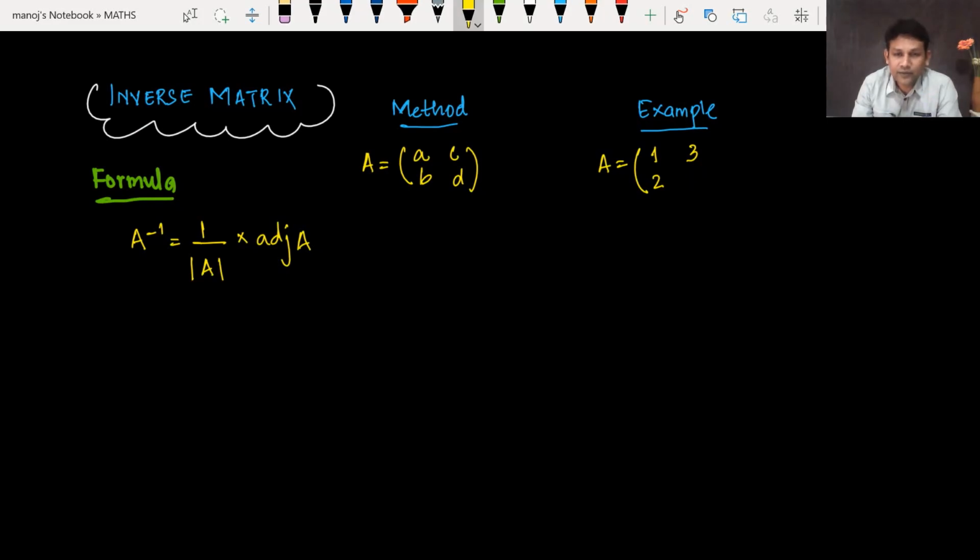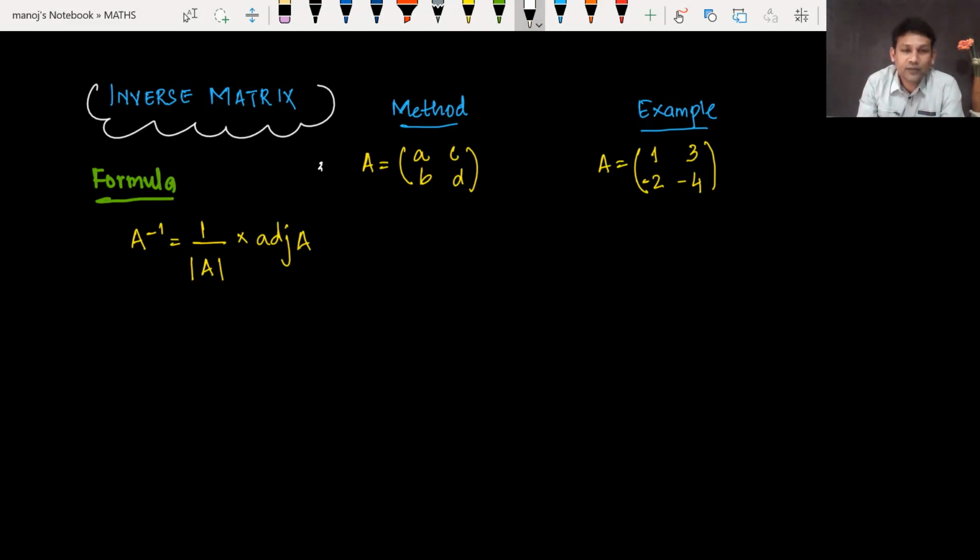And this I can take minus 2, because sometimes I have to use the change of sign, and this is minus 4. Now this is one example here.